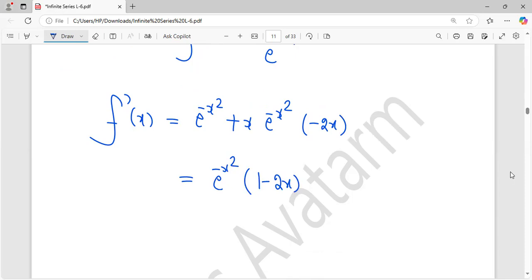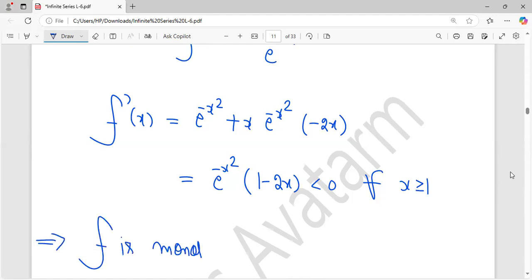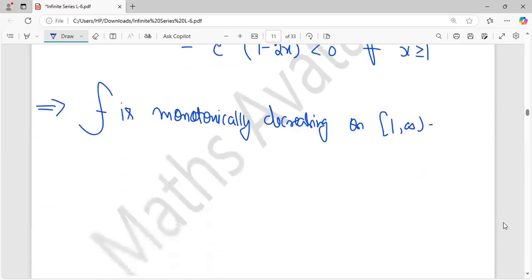Okay. So this is less than 0 for all x greater than 1. Okay. So this implies f is monotonically decreasing. Okay.